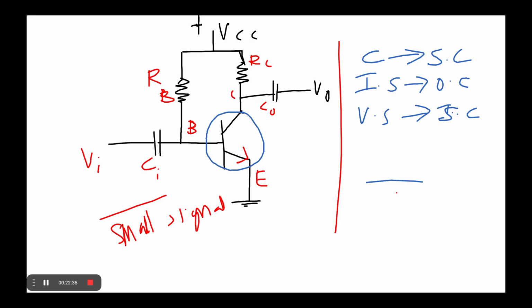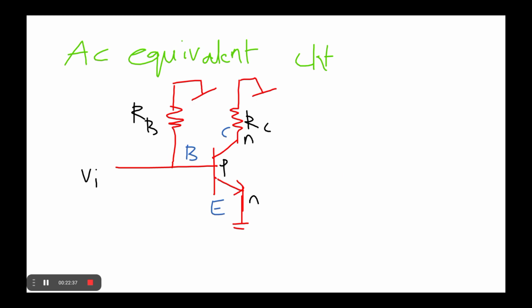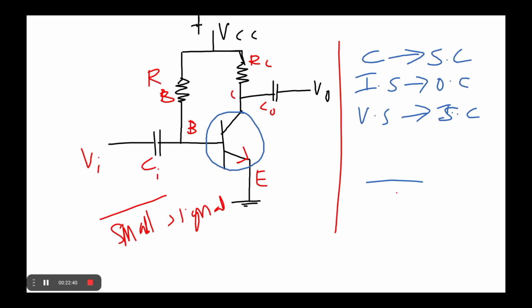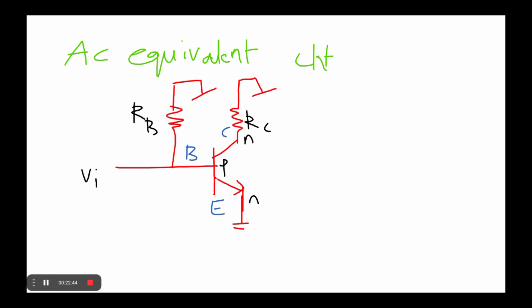So for that purpose I have to represent it here. If we replace the capacitors with short circuits, the circuit becomes like this. Now the small signal can be represented based on this AC equivalent circuit.